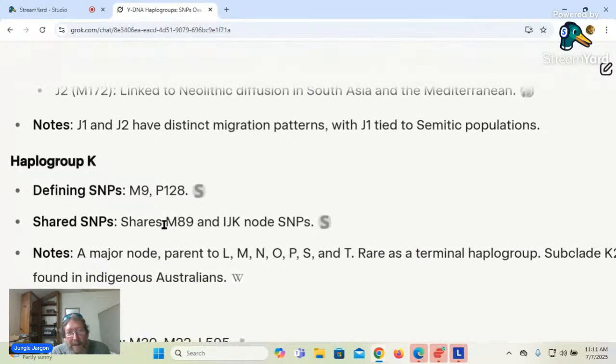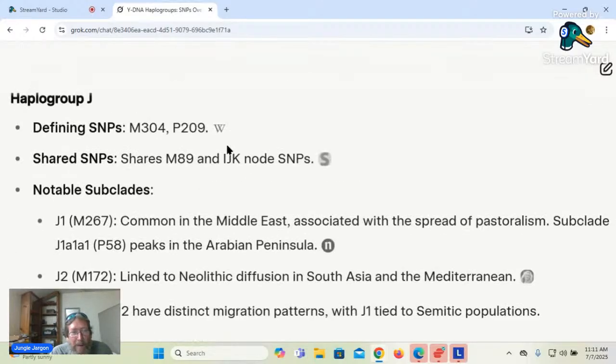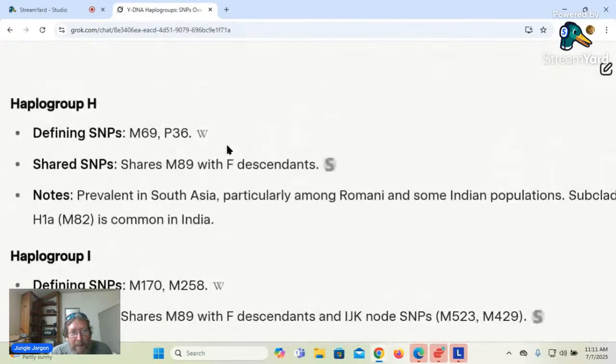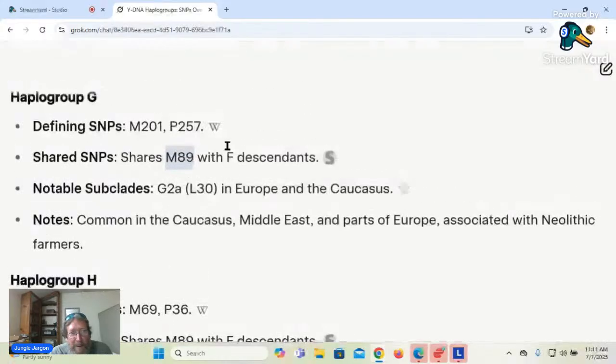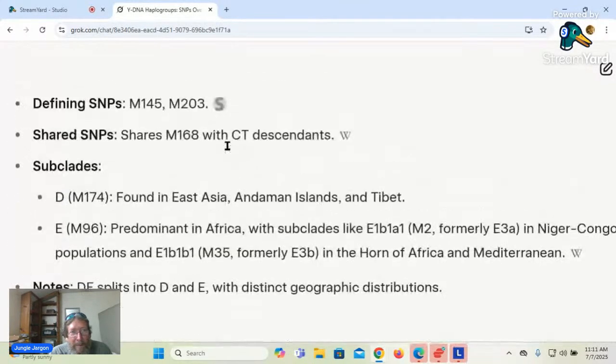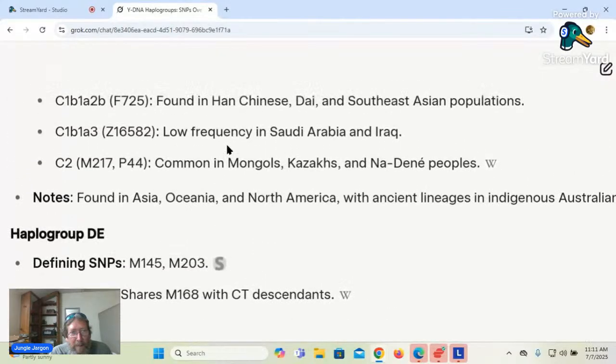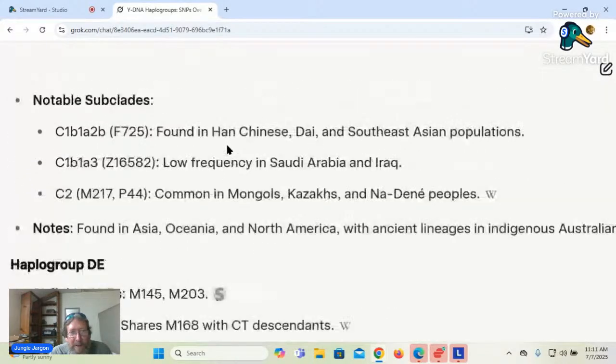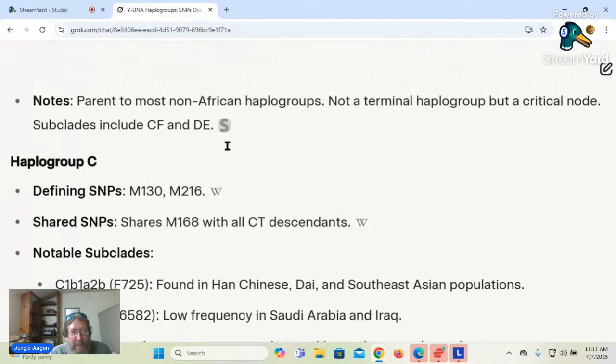So M89 is an original S&P marker that is lost to the Hamitic lineage. So Ham probably lost that marker from the beginning in all his lineages. None of his lineages have it.